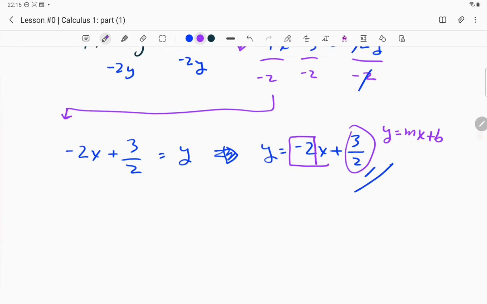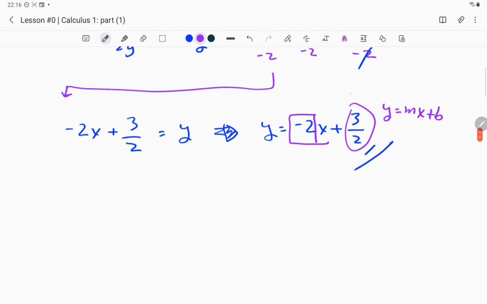And if you want to graph it, you probably know 3 over 2 is 1.5, right? So realistically, y equals -2x plus 1.5. If you graph that, it's going to be something like so. And -2 is the slope, 1.5 is the y-intercept.